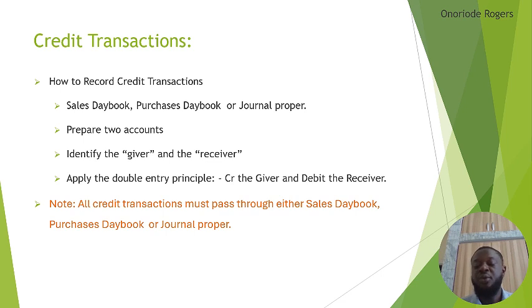Like I said, I will be explaining these books when we get to the subsidiary books of account. As a recap, all cash transactions must go through the cash book, while all credit transactions must go through the three books I mentioned earlier.